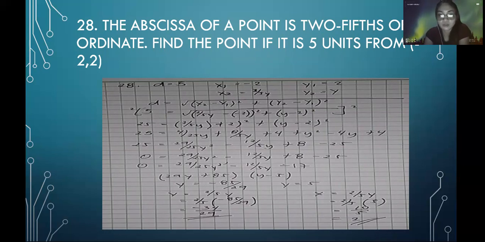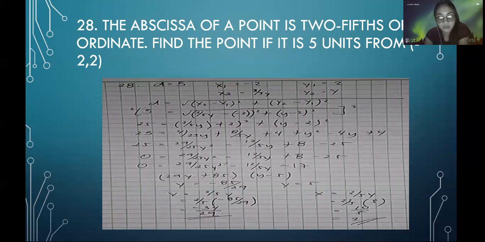Substitute the value. So 5 is equal to square root of 2/5 y minus negative 2 squared plus y minus 2 squared. Then square both sides, so it becomes 25. 25 equal to 2 over 5y plus 2 squared plus y minus 2 squared.